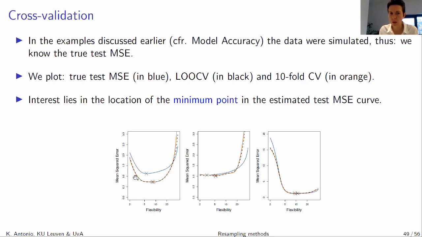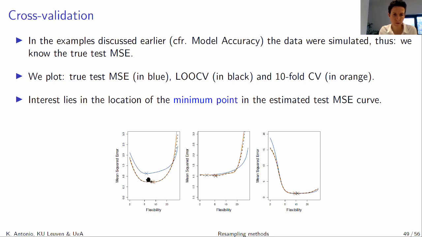Yeah, so these are the three examples we discussed earlier on with these different true curve f, and here you see how, for instance, the tenfold cross-validation would approximate the unknown true mean squared error, which is known here because it's a simulated experiment. Does that make sense?